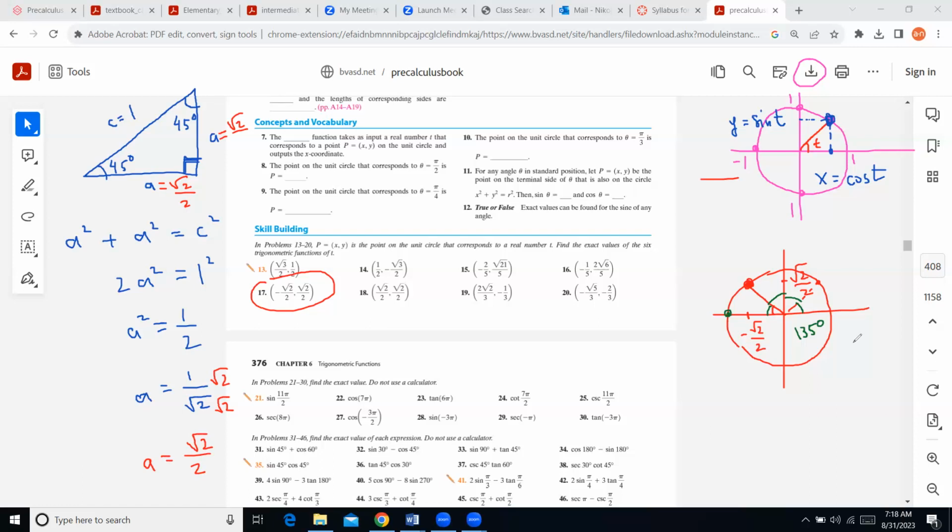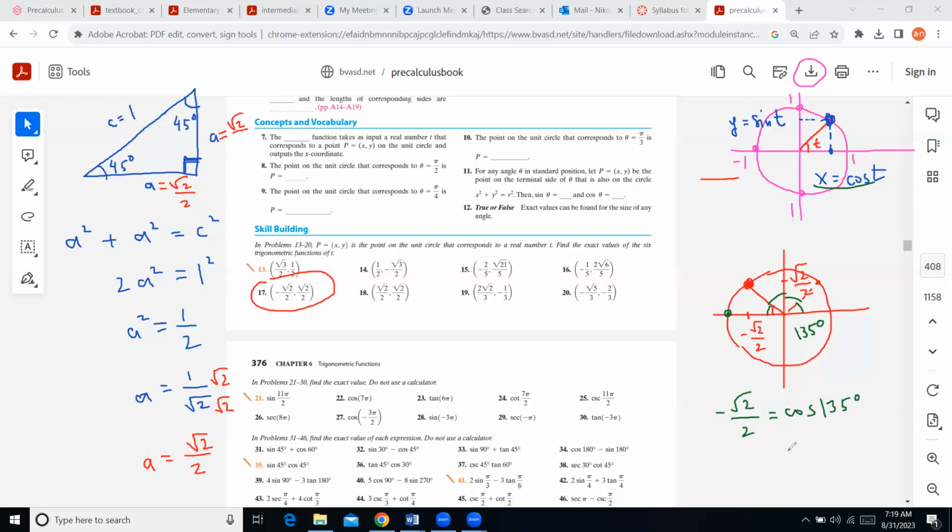And looks like this corresponds to the point with coordinates that has angle of 135. In fact, if I go back and see that x is cosine, so I can write that negative square root 2 over 2, that's the x coordinate, which is a cosine of this angle, 135 degrees.